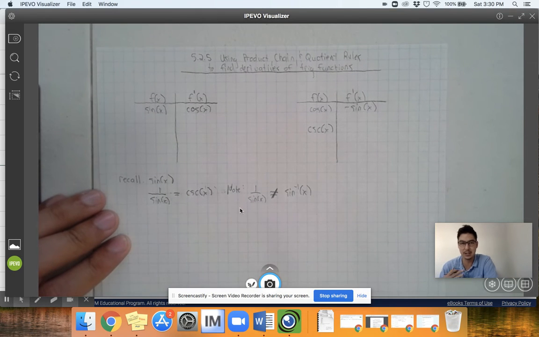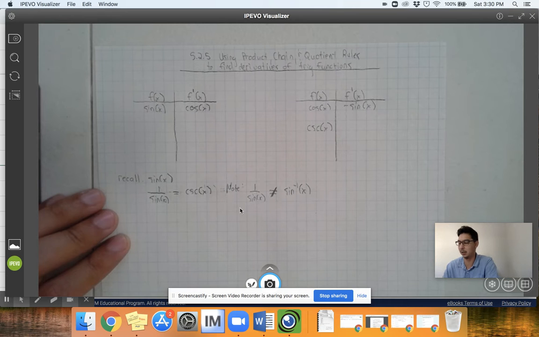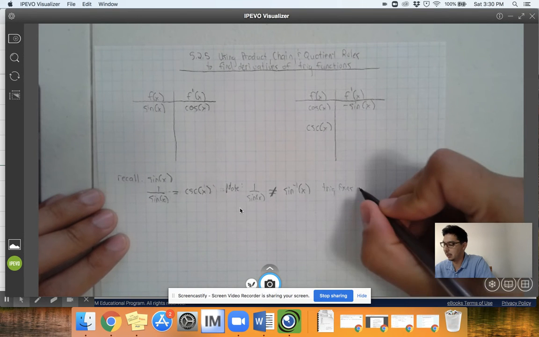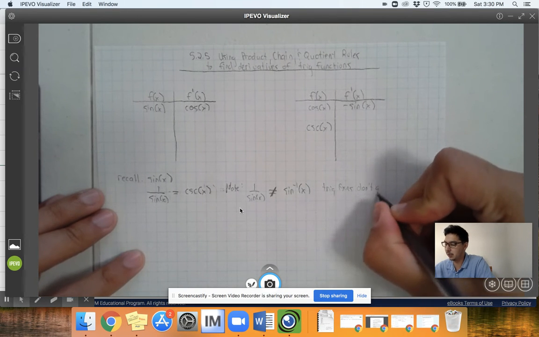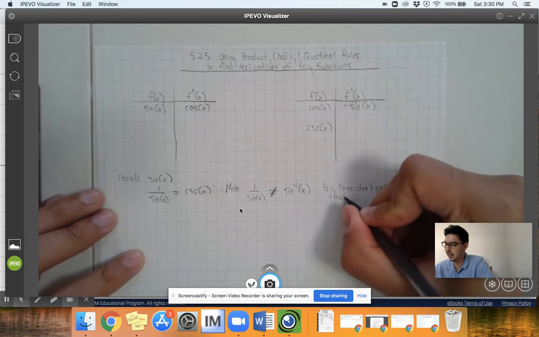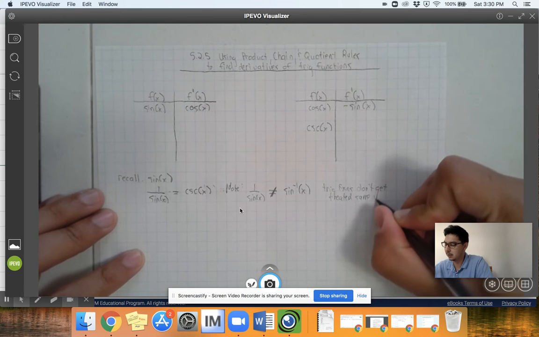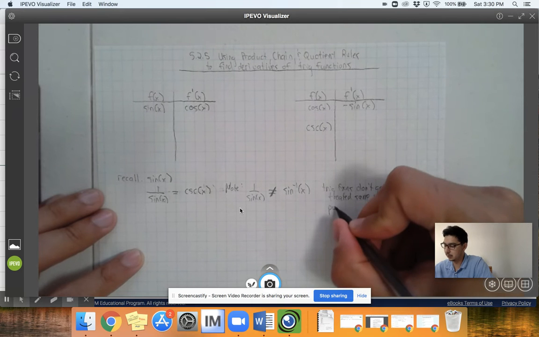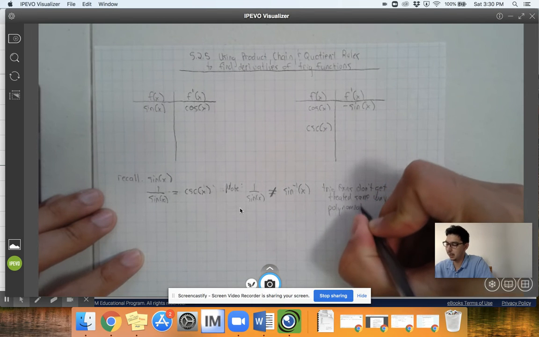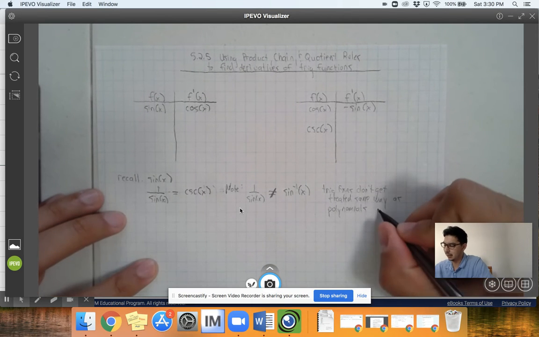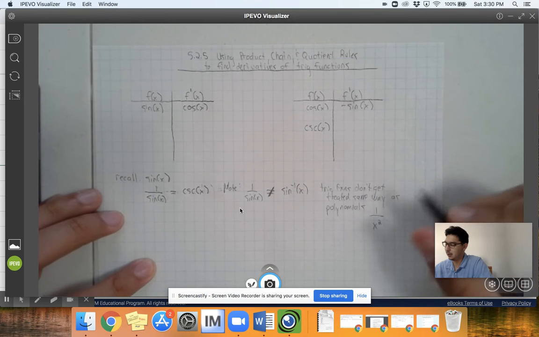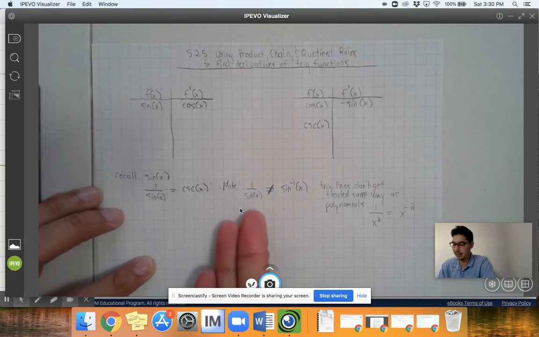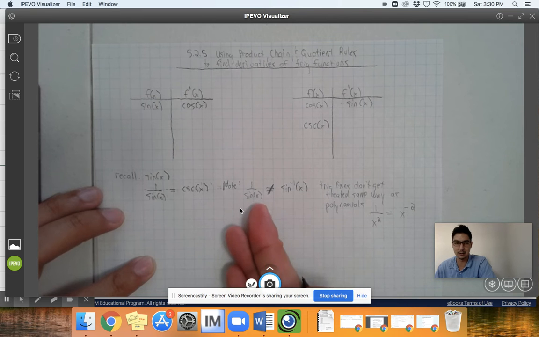But with trig functions, it doesn't apply, because trig functions don't get treated the same way as polynomials. What I mean by that is, if I did 1 over x squared, you could write that as x to the negative 2. That's true. But with sine of x, be careful, sine to the negative 1 x is not true.